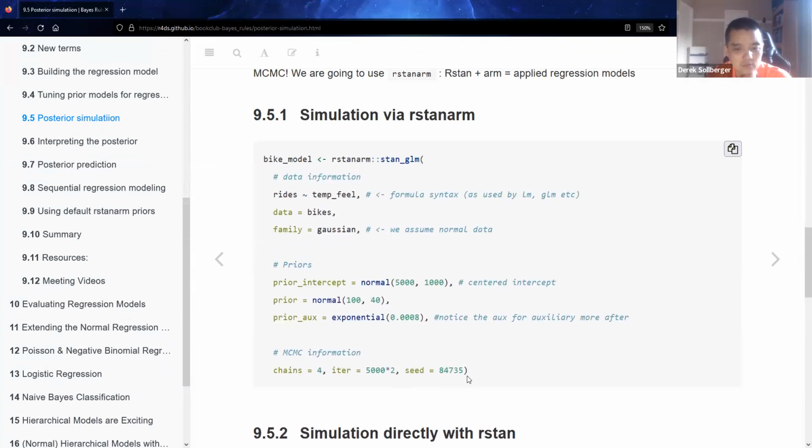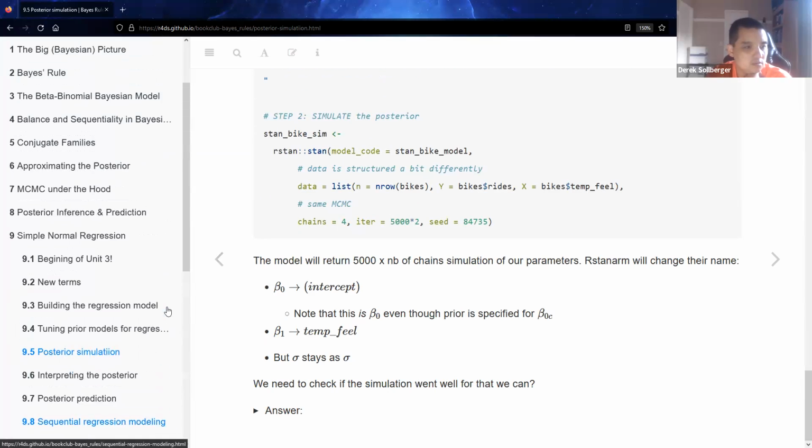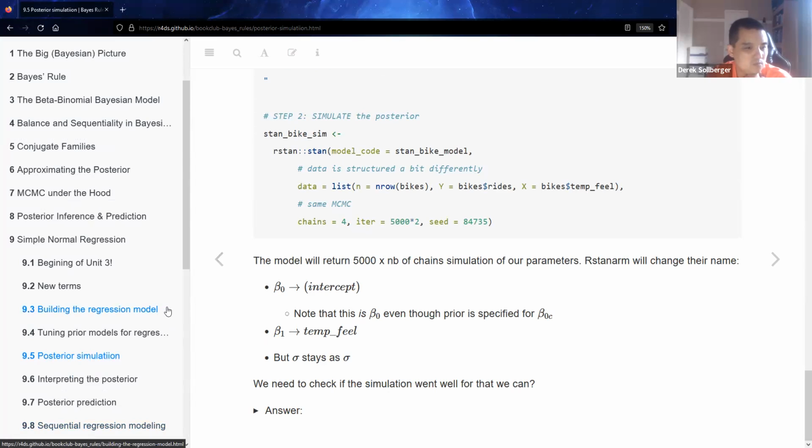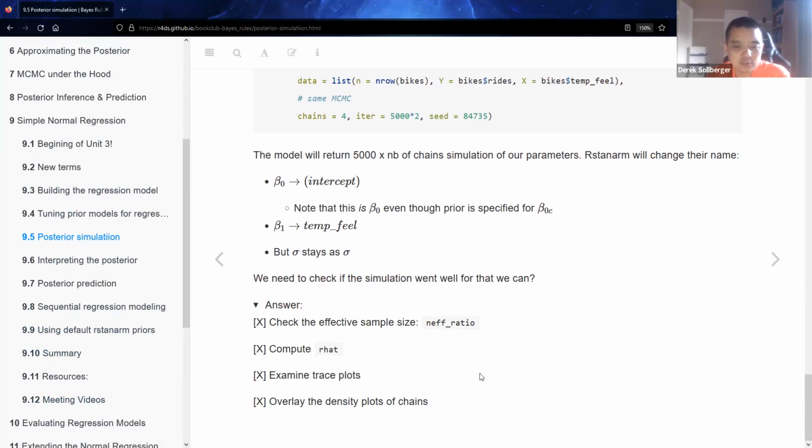When we run this code, we'll get some results. But as we discussed in a previous chapter, might have been chapter 7, we need to check whether or not our simulation went well. How do we reassure ourselves that our calculations are reasonable? And remember that we have some metrics available to us. We could look at the effective sample size ratio.